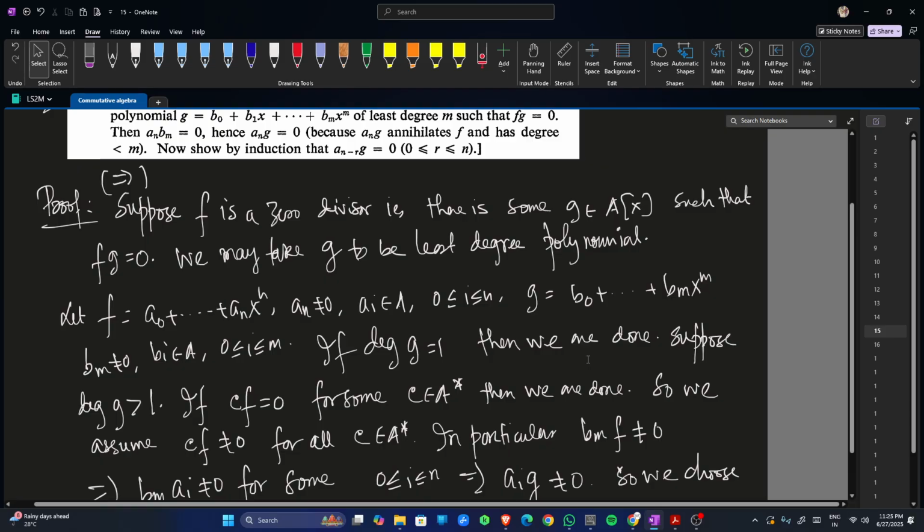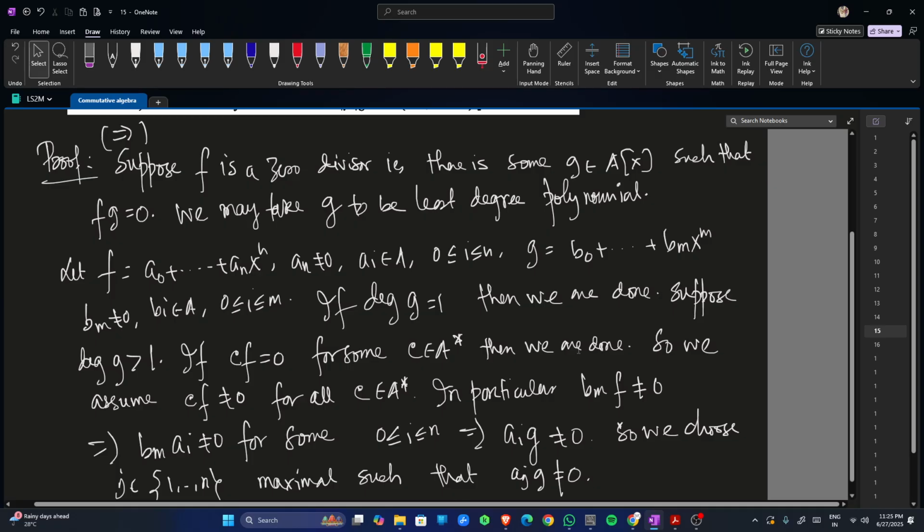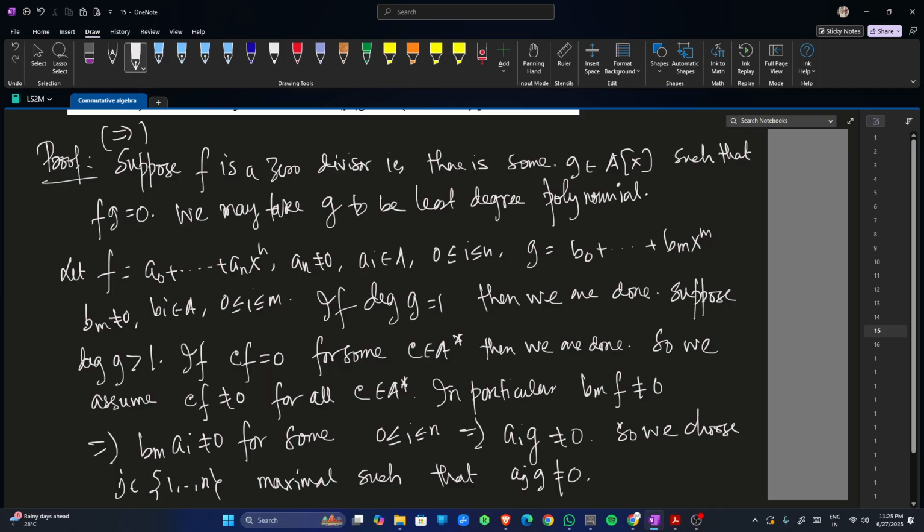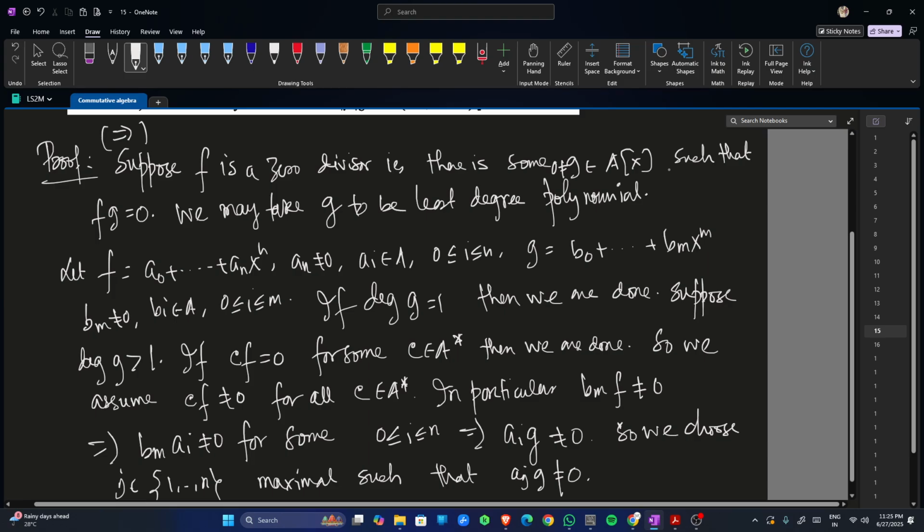Okay, recording is on. I am repeating the proof again. Suppose f is a zero divisor, that is there is some g, which is of course non-zero, belongs to A[x] such that the product is zero. Now we may take g to be the least degree polynomial. There are many g's; we are taking g to be the least degree polynomial such that this happens.